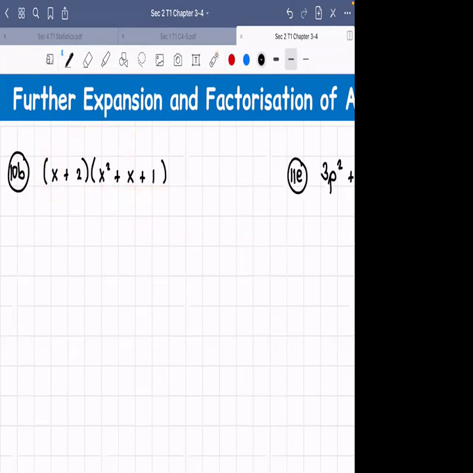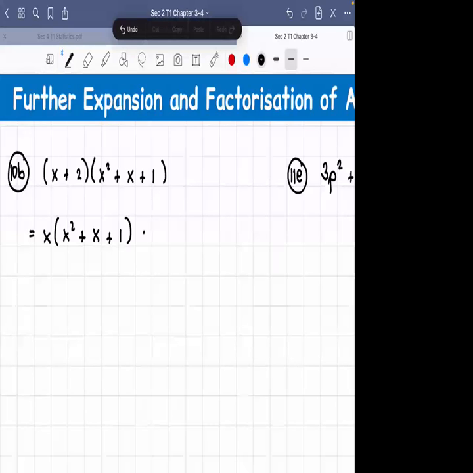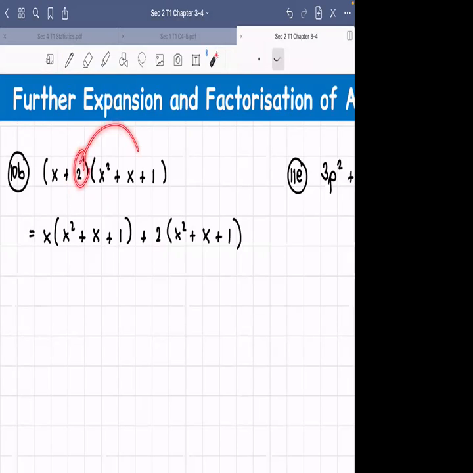So that is equal to x times x squared plus x plus 1, and then plus 2 times the whole bracket again, x squared plus x plus 1. So after this, we need to expand each of the terms.